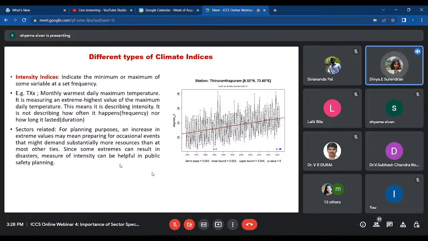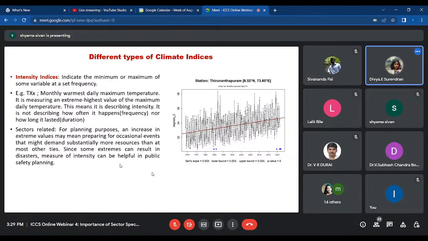temperature of a month, which is varying. So every year there will be 12 values for that particular year, and similarly for the next years.